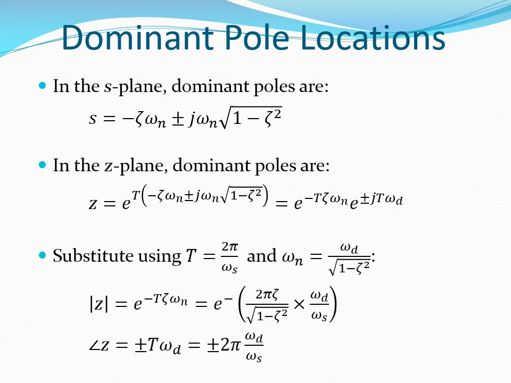If we substitute for T using T equals 2 pi over omega s and for omega n using omega n equals omega d over square root of 1 minus zeta squared, we obtain the magnitudes of the dominant poles as e to the minus 2 pi zeta over square root of 1 minus zeta squared times omega d over omega s. The arguments of the dominant poles are obtained as plus or minus 2 pi omega d over omega s.